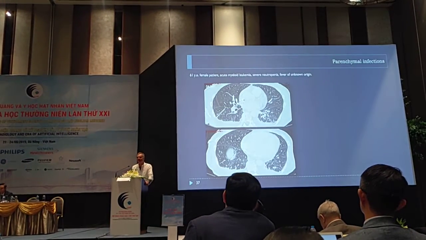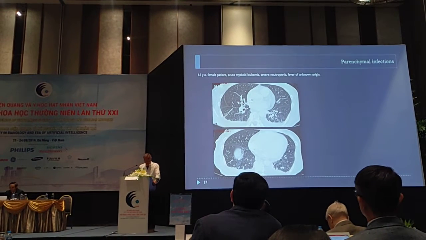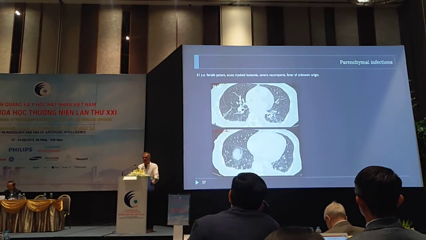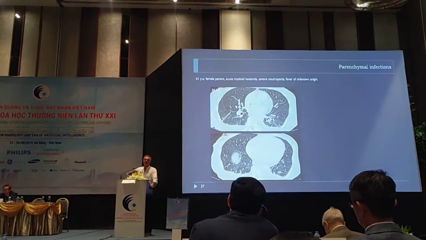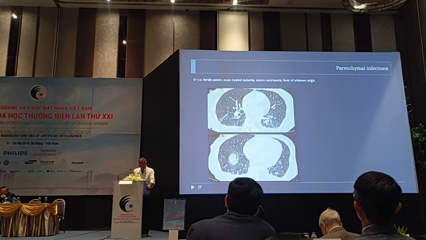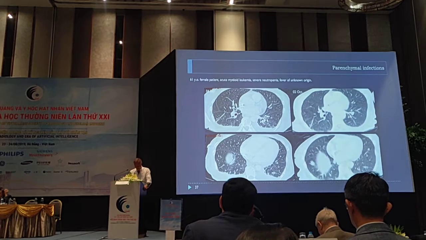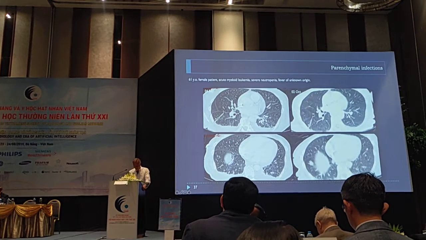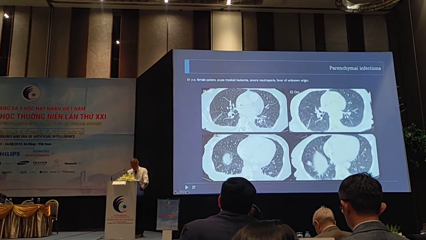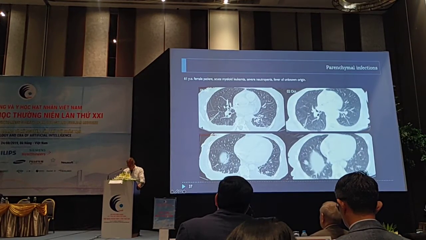This patient is a 61-year-old female with acute myeloid leukemia, severe neutropenia, and she had a fever of unknown origin. So we call the radiologist: please, CT, quick. Okay, so let's do the CT, and we are on September the 4th. Then one month later, at first the CT was quite remarkable, but the patient started to develop nodules in the lung, and nothing elsewhere.